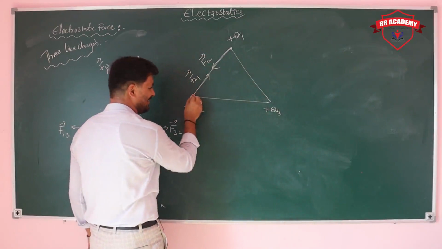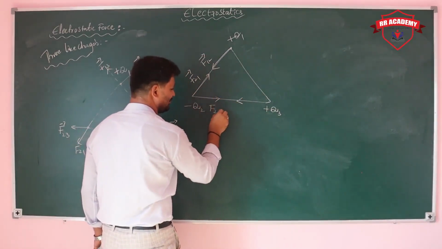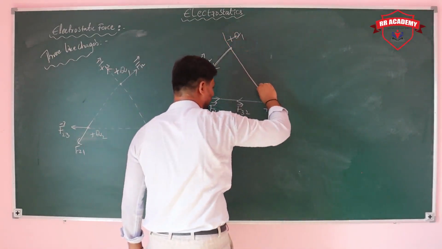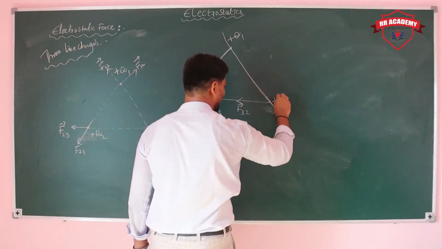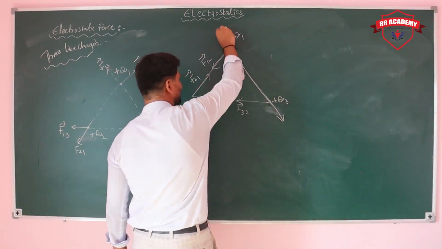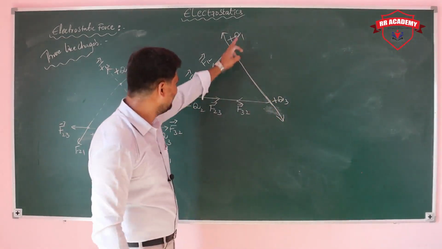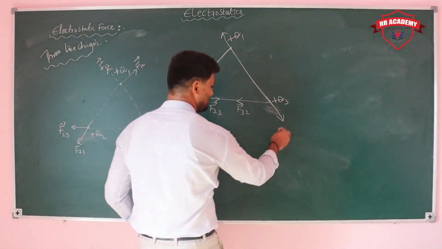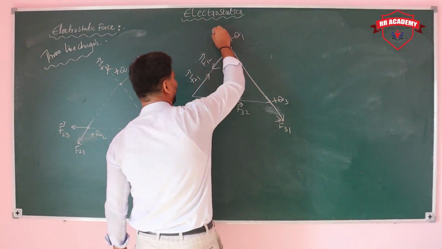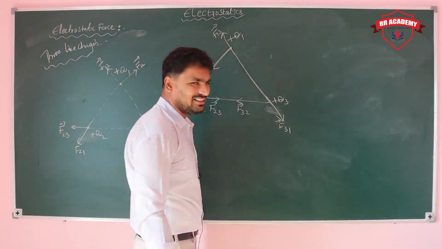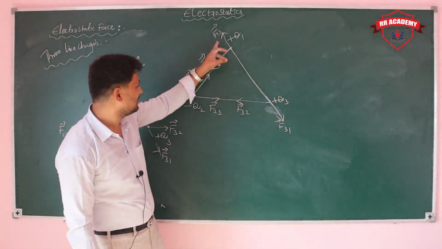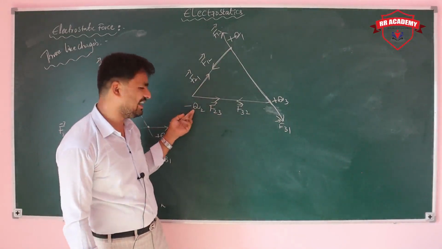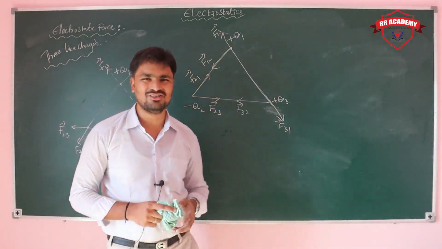Between Q2 and Q3 also attraction: F23 and F32. Between Q1 and Q3, repulsion, because these two are like charges, but the other pairs are unlike. So this is the direction of F31, and this is the direction of F13. Like that the forces are acting. So taking three charges, whenever the sign of the charge changes, if you are taking negative, then automatically the direction of the force also changes.